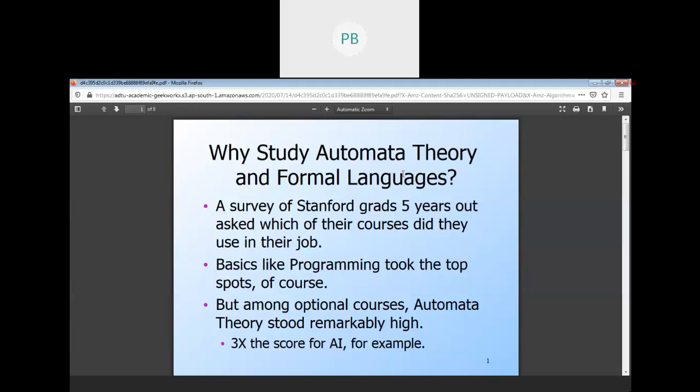And for this we have to go through some specific topics, like you have to go through some languages.